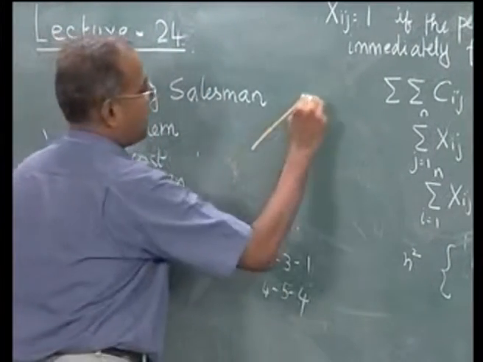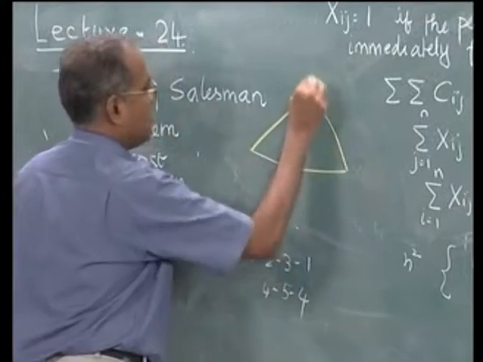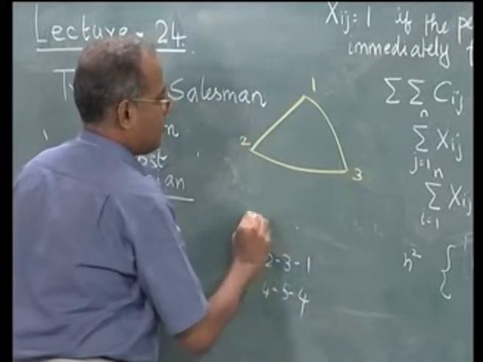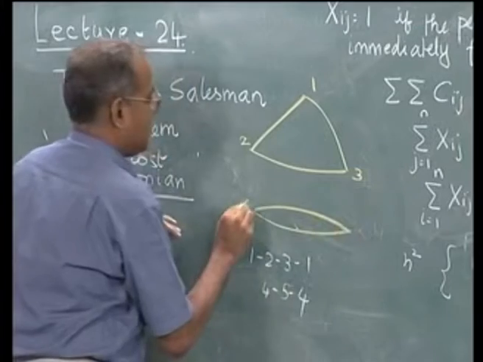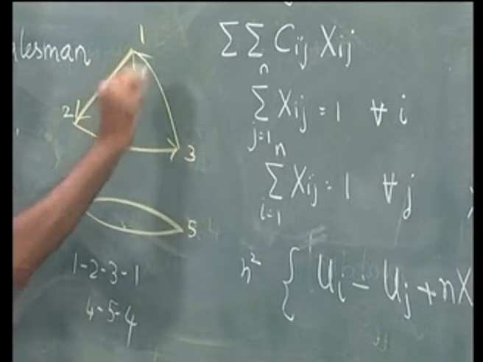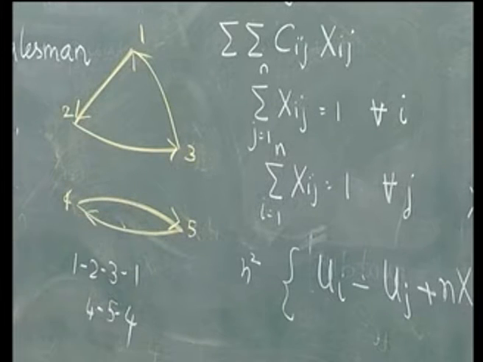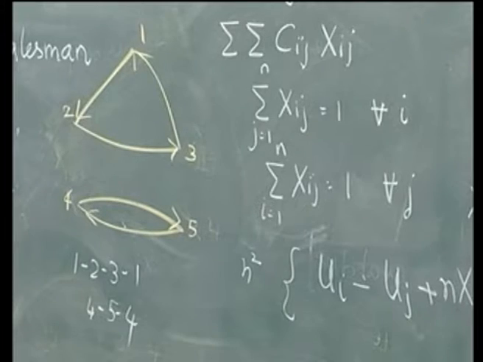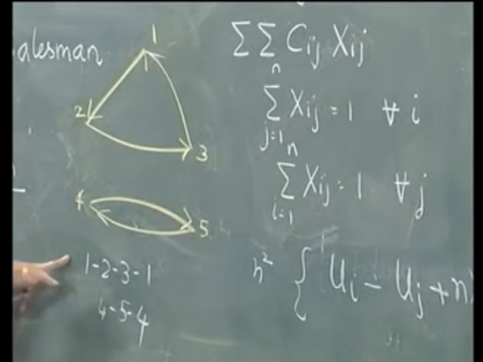Let us say I have 1 to 2, 2 to 3, 3 to 1, 4 to 5, 5 to 4. Now, if we have this kind of a constraint, then let us try and apply this.